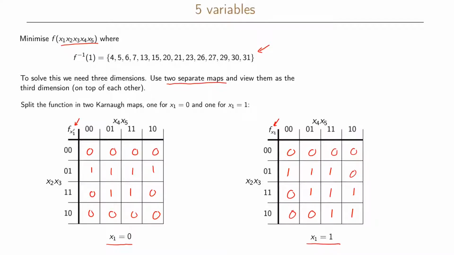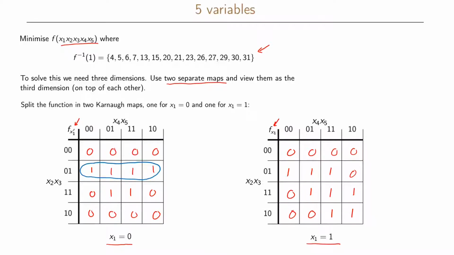So now we have defined our Karnaugh maps, and now we want to do basically the same thing as before, but we need to remember that this is actually one Karnaugh map where one map is on top of the other. If we look at the first 1 that we can find in our Karnaugh map, it can be covered by the prime implicant given by this box here, but it can also be covered by another prime implicant also covering 4 1s.